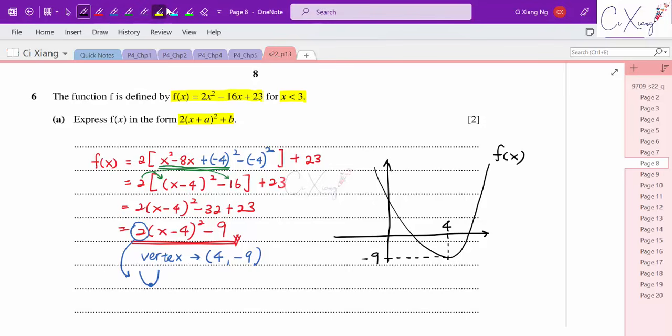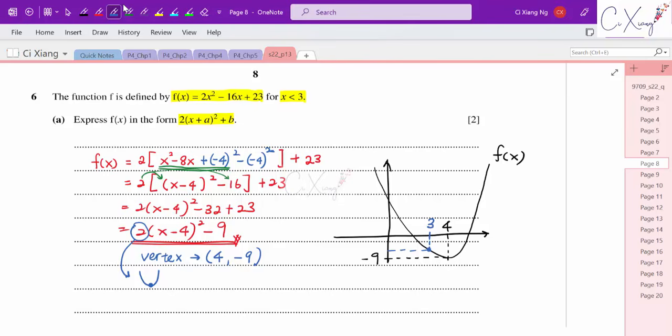But for this particular question, they have restricted our domain, where they want us to consider only values of x smaller than 3. Therefore, when we want to get the range for this function, I have to see what is the value at 3. When I substitute the value 3, what is the value of y that I get?